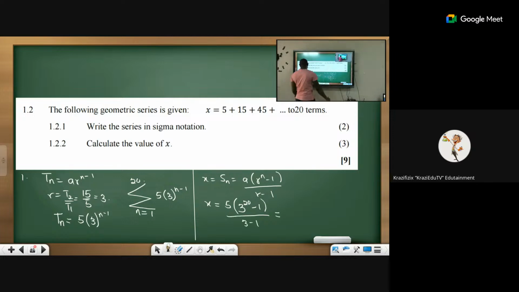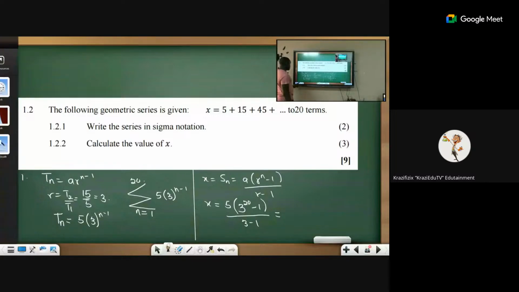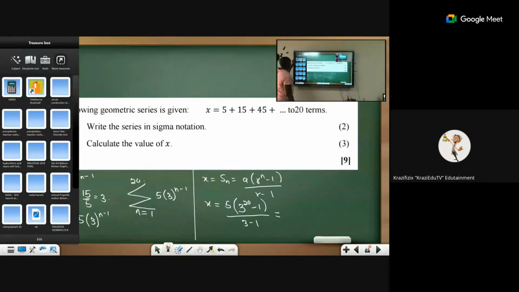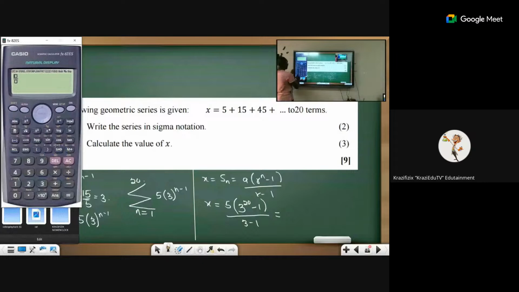Put that in a calculator and you are done. 5 into bracket 3 to the power of 20 minus 1 over what? 3 minus 1, which is 2.